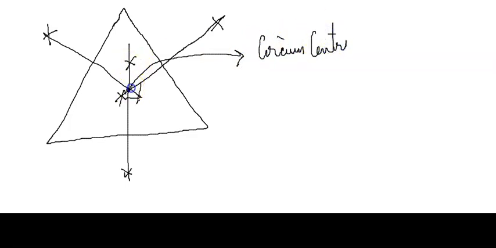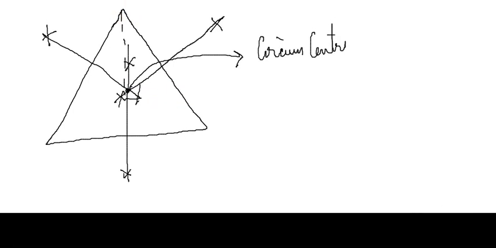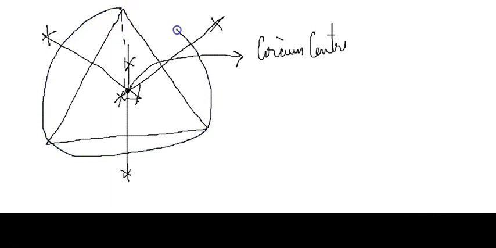If you take this point as center and this as radius and draw a circle, it will be like this, touching all the vertices. This is the radius, capital R, and it is called the circumradius.